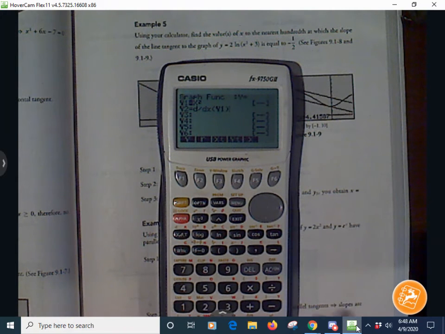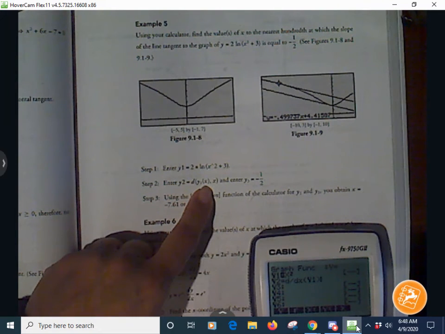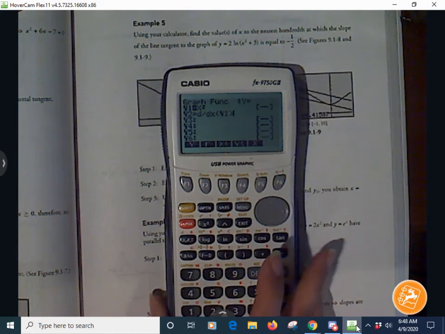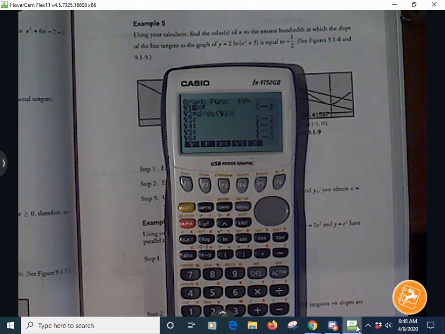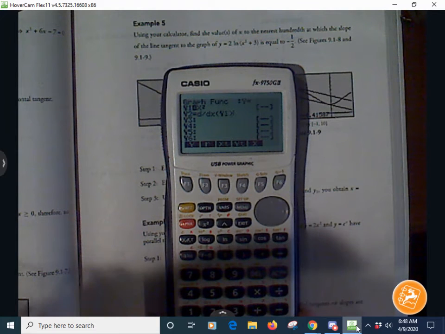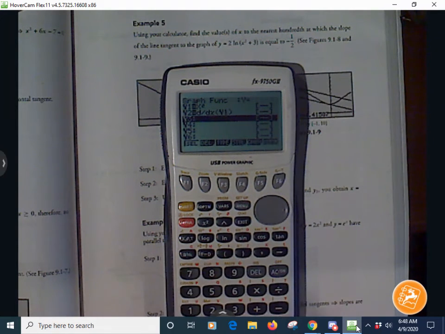If this were a TI, you would have to put comma x into your equation here. But for Casios, you just have to state y1 and then enter. Now it's going to take the derivative of y1.